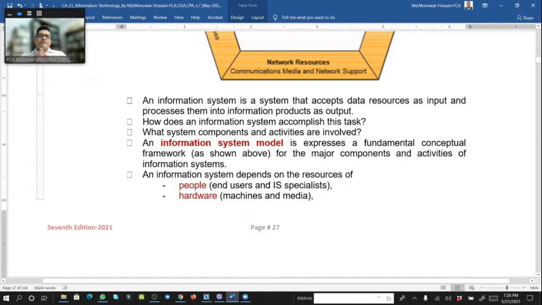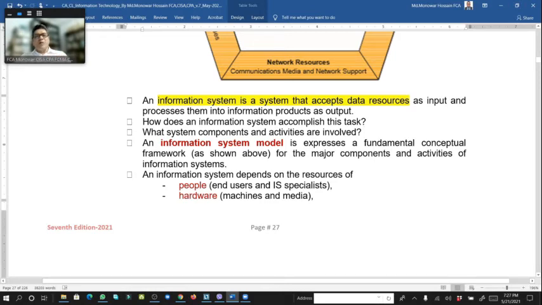An information system is a system that accepts data resources as input and processes them into information products as output. How does an information system accomplish this task?